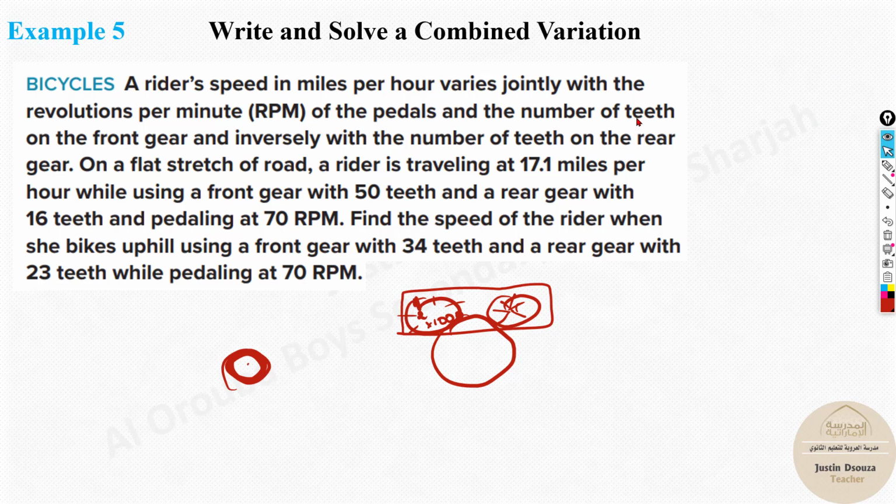Here you might be thinking as well, what are teeth? Now if you have seen a bicycle, since it's a bicycle or a rider, the cycles will have gears in the front and backside, especially if you have 2 gears. The gear will be something like this, and then that circle part is the wheel.